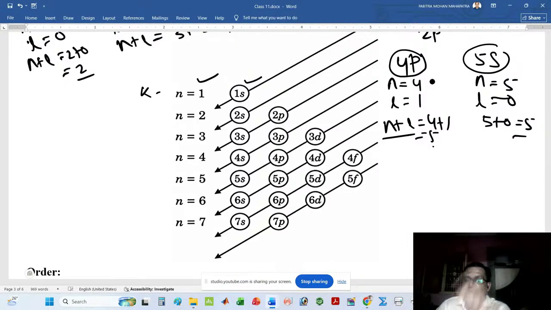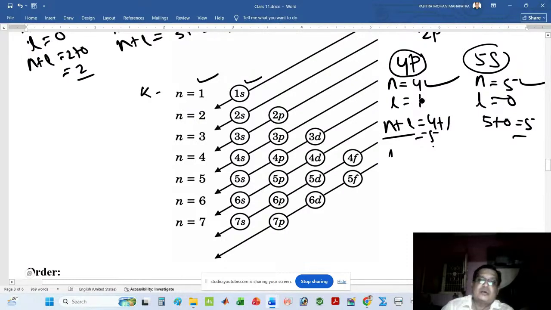But if you apply the second rule, then find the n value, the principal quantum number. 4p has principal quantum number 4, and 5s has principal quantum number 5. As per the second rule, the orbital which has the lower n value is considered as having lower energy.